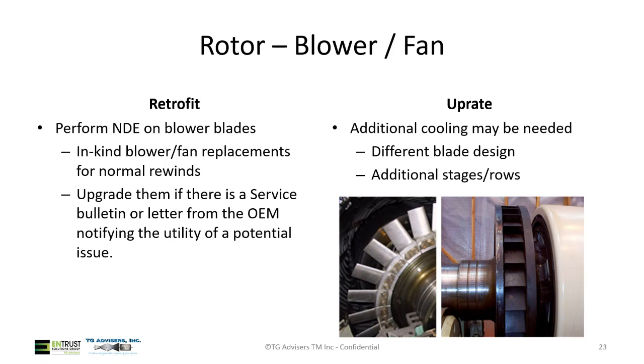And when one of those fan blades comes off, you'll have to redo your rewind, if you're lucky, and that's all. It's a pretty catastrophic event potentially if one of them breaks free. During an uprate, you may need to change out with a different design, or add additional rows or stages to it.